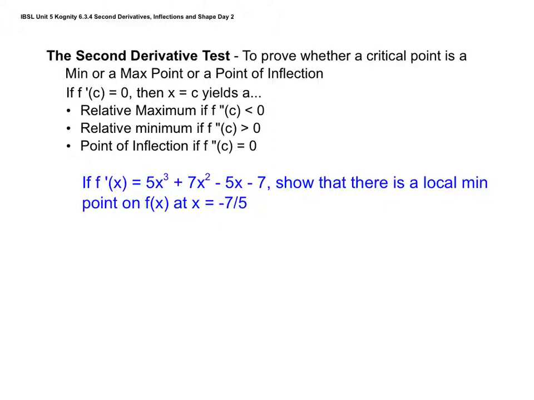If you can take the second derivative, then you only need the one stationary point that you're looking at in order to tell if it's a relative min or a relative max. And it all goes back to concavity.